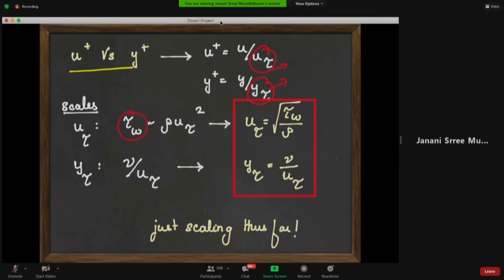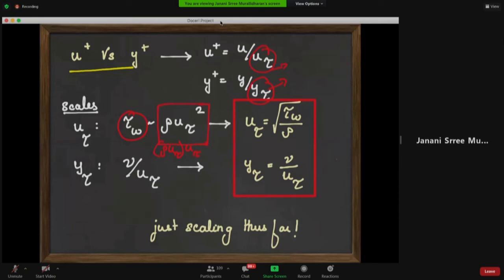So somebody took the wall shear formulation, and the idea is, can I get something which is responsible for this shear? They proposed this formulation, which is nothing but rho u tau times u tau. So this is kind of like a flux times the velocity.